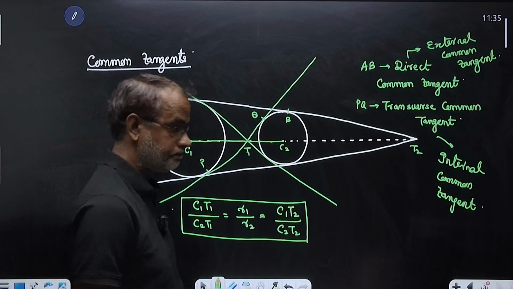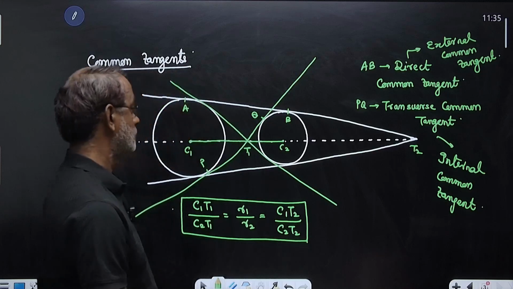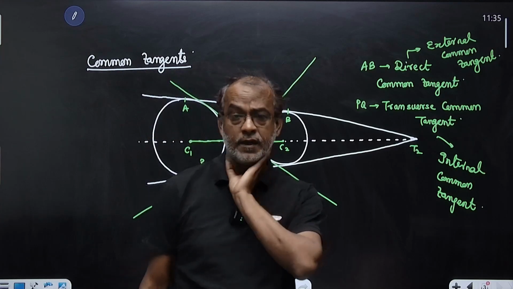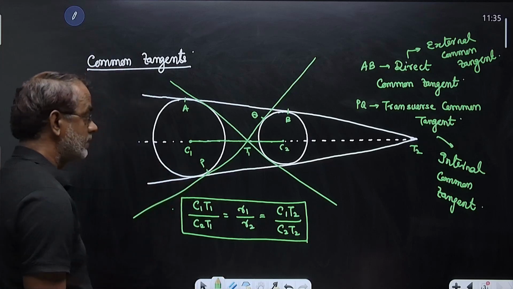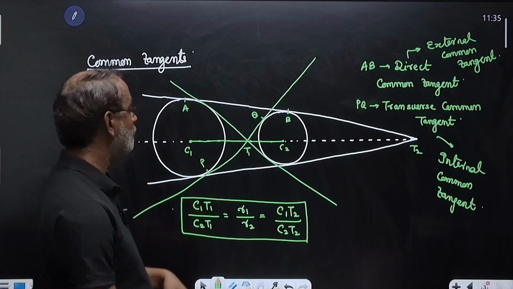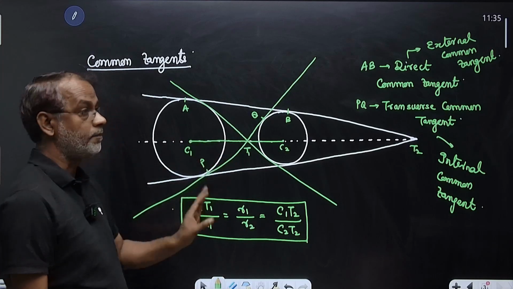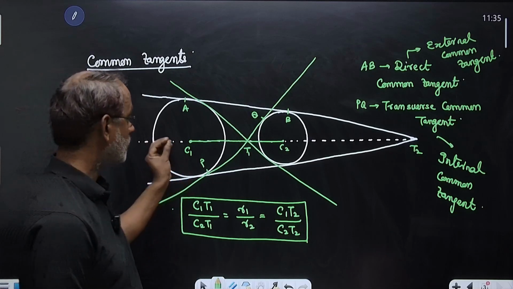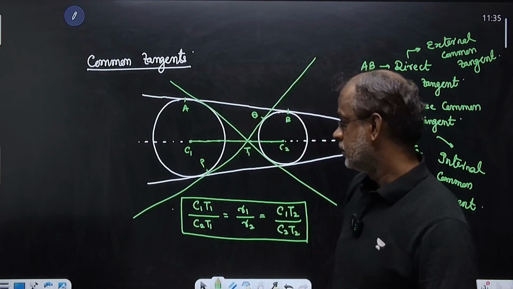Okay. This is something that should be kept in mind. It is a very vital thing. We will further move with finding the length AB and PQ, but at the very first go we should be able to remember this. What is this?